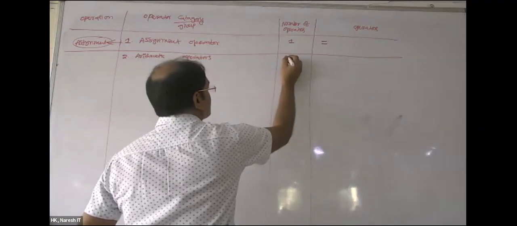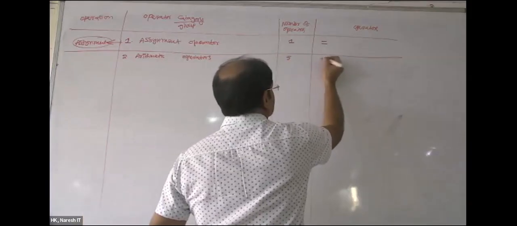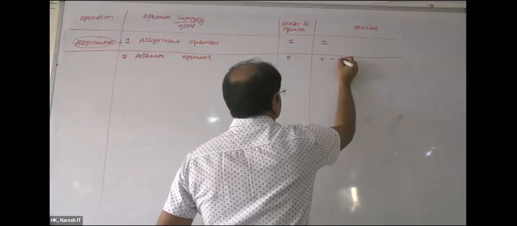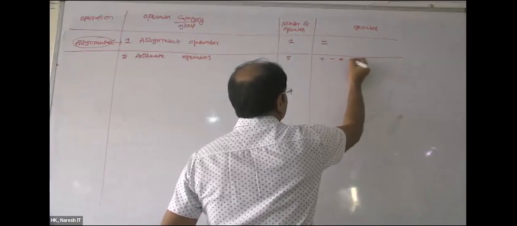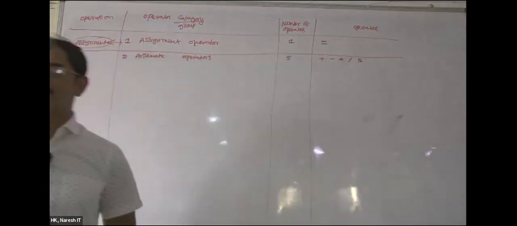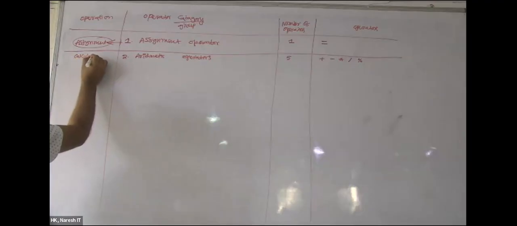How many are there? 5. Plus, minus, into, division, modulo. What operation does it perform? Calculation.